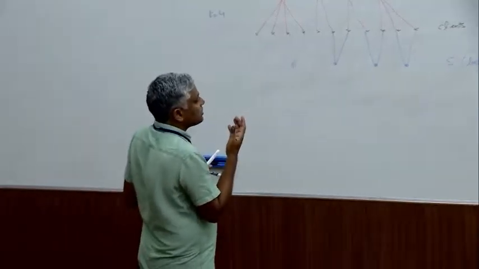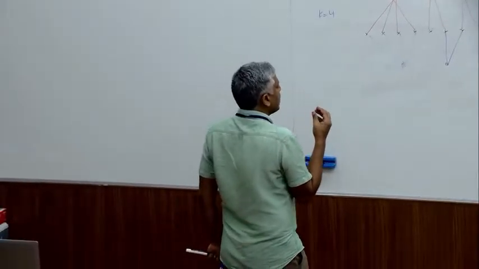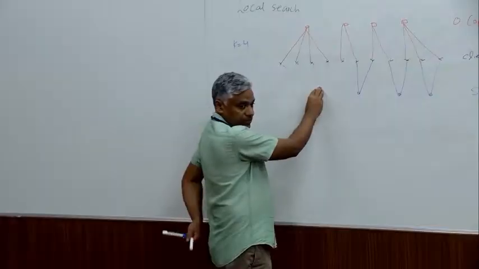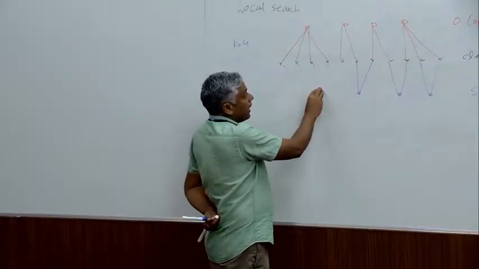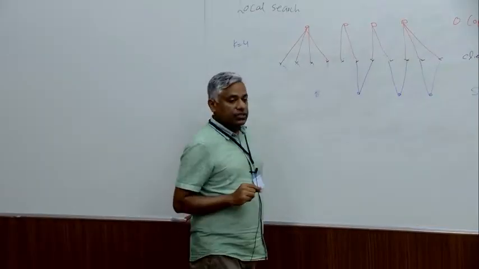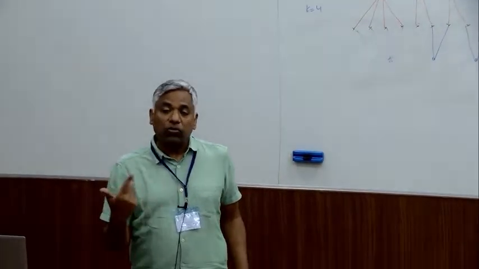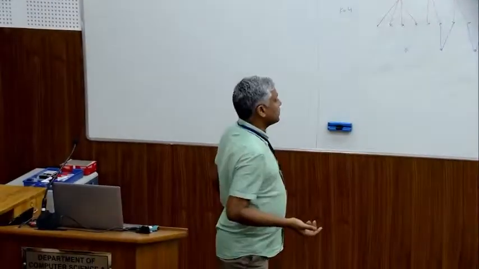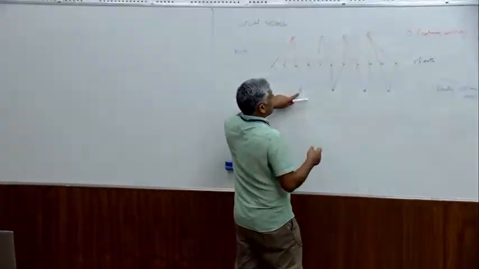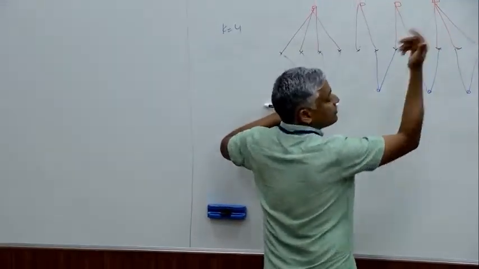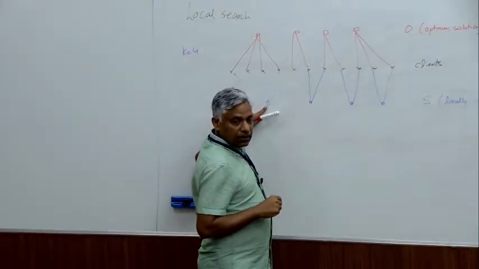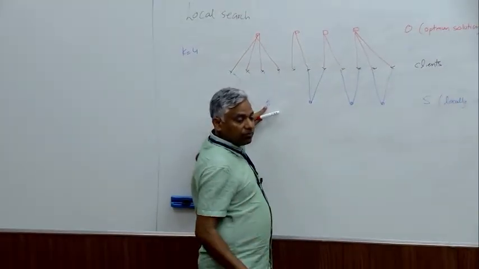So remember, what is our step? We are at some point shutting down one of the facilities and opening one of the facilities which are not in my solution, and I'm trying out everything possible. So I would have shut this down and tried opening maybe this facility, and it did not give me an improvement.